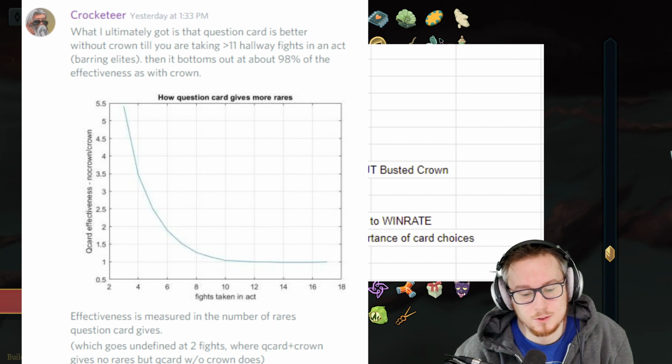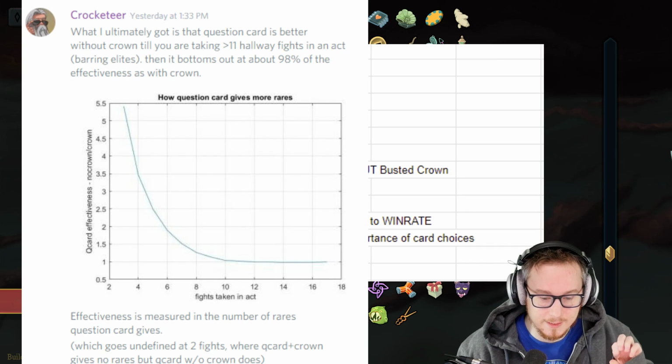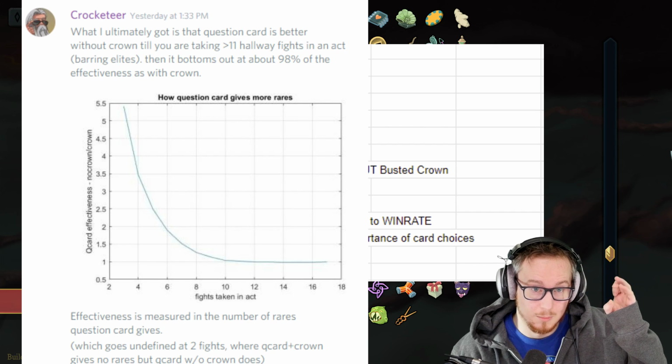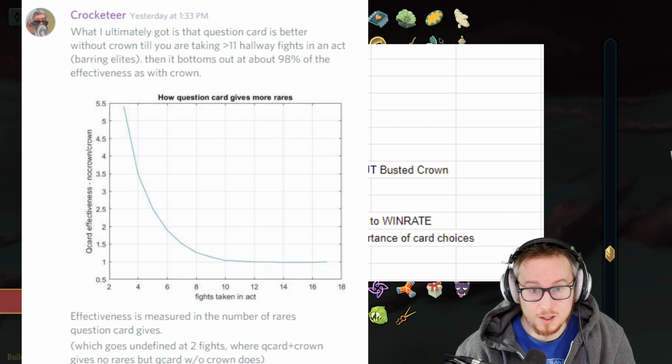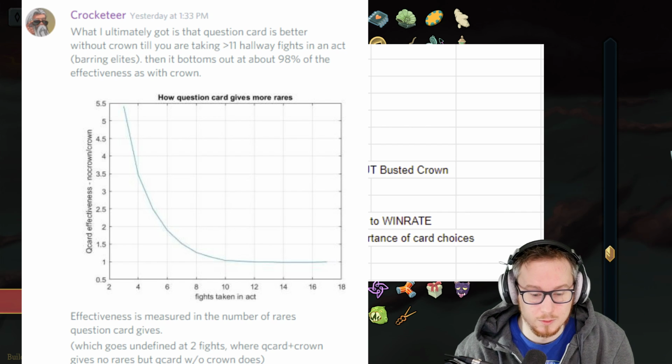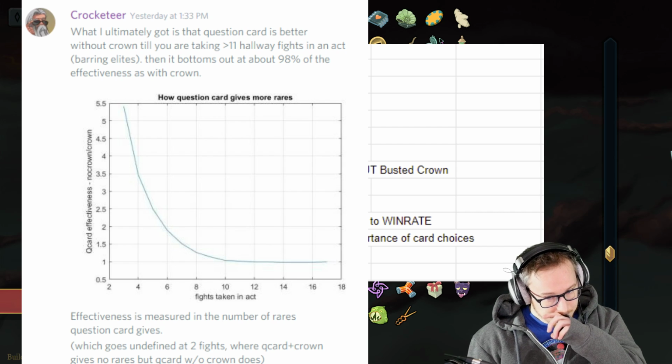So we looked at fights taken throughout an act. We didn't look at elite fights, in the interest of sharing fully. At an elite fight, there's an increase of 10% for your rare chance just for that floor. So if you were at -2%, it would actually be 8% for that fight reward screen. But we didn't look at those. We were just looking at hallway fights.